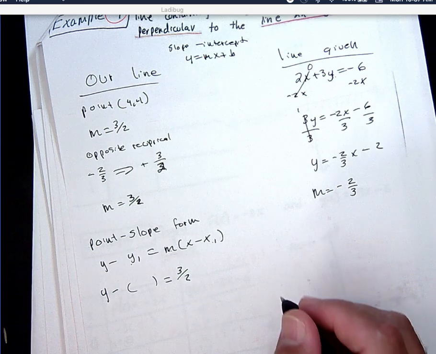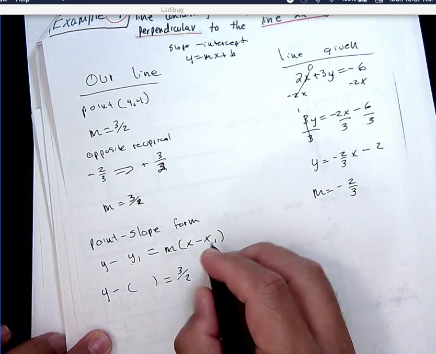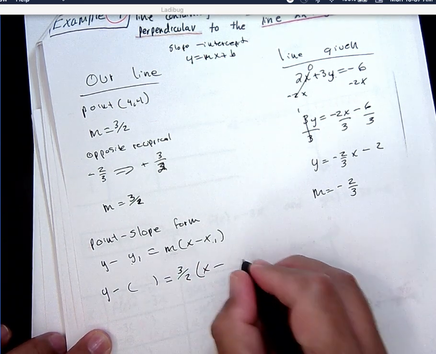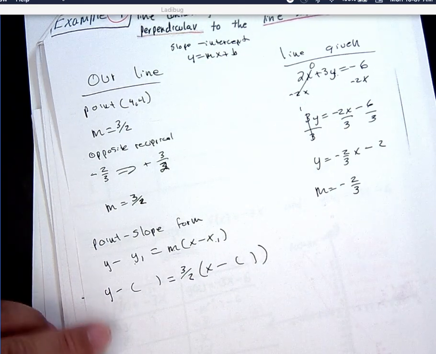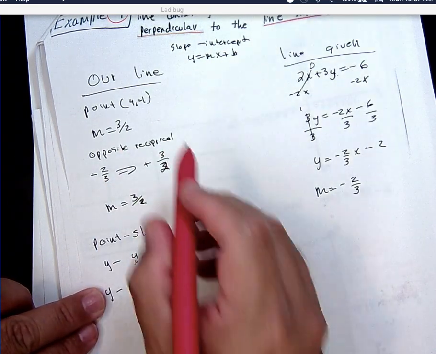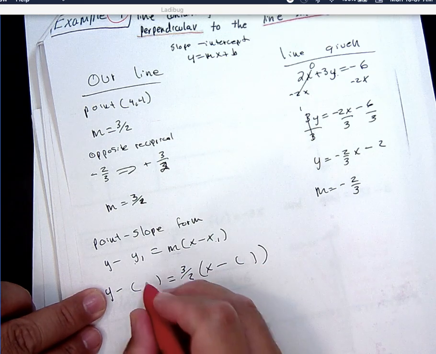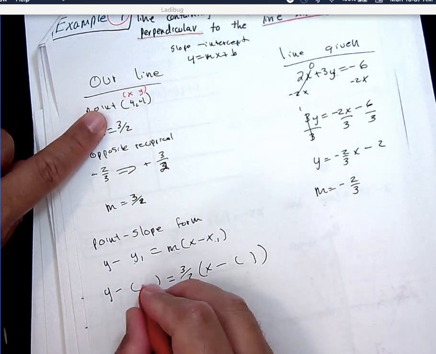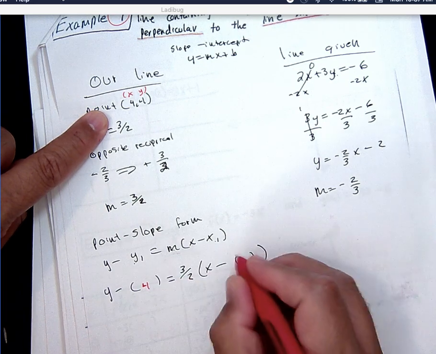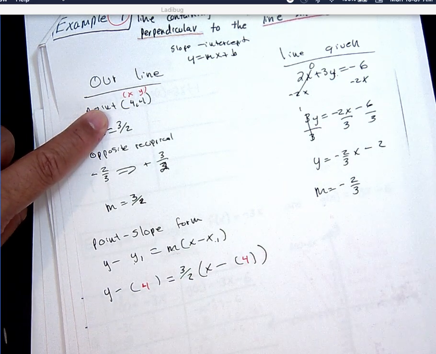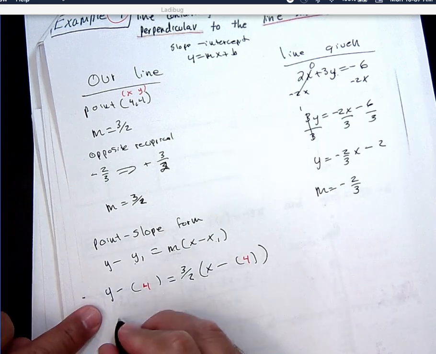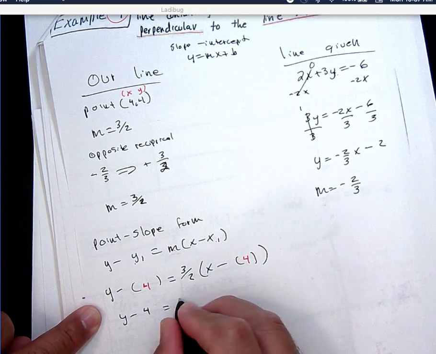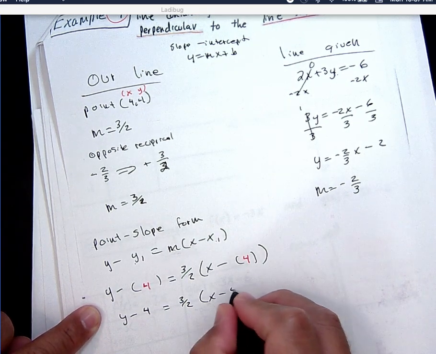And then x minus that. So what are the points? The point would be 4, 4. So the y is 4 and the x is 4. So y minus 4 equals 3/2 x minus 4.